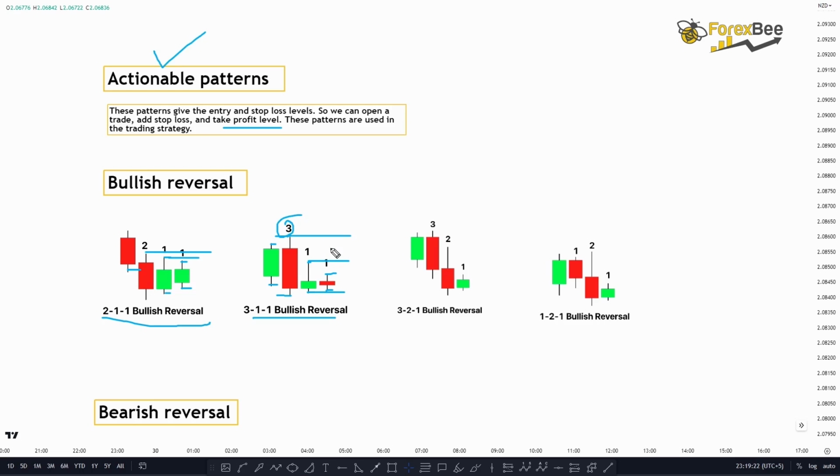So this is how this works. Similarly, we can use these bullish 3-2-1 and 1-2-1 bullish reversal candlestick patterns as actionable patterns to take entry here and take profit here. So you see how the bullish reversal patterns work. I'm going to explain these further in the next video, where we'll be using these candlestick patterns in our strategy.